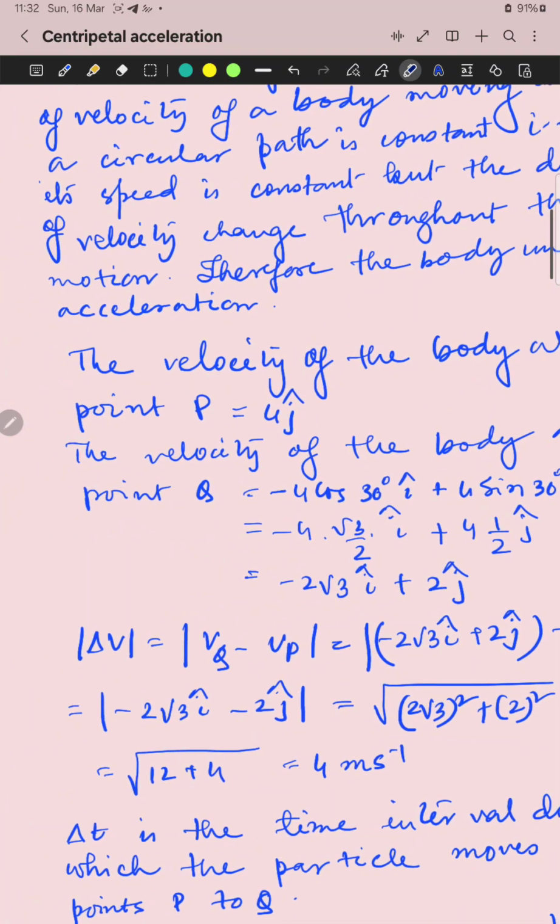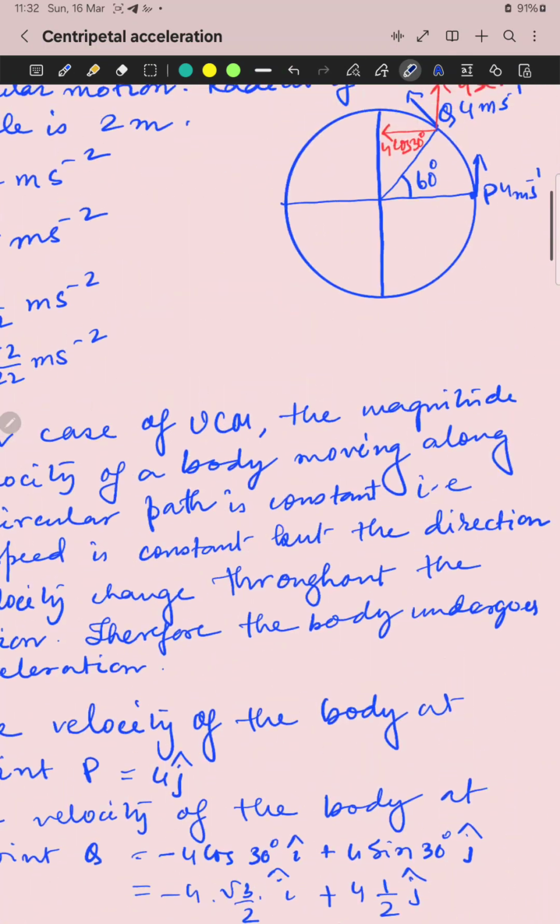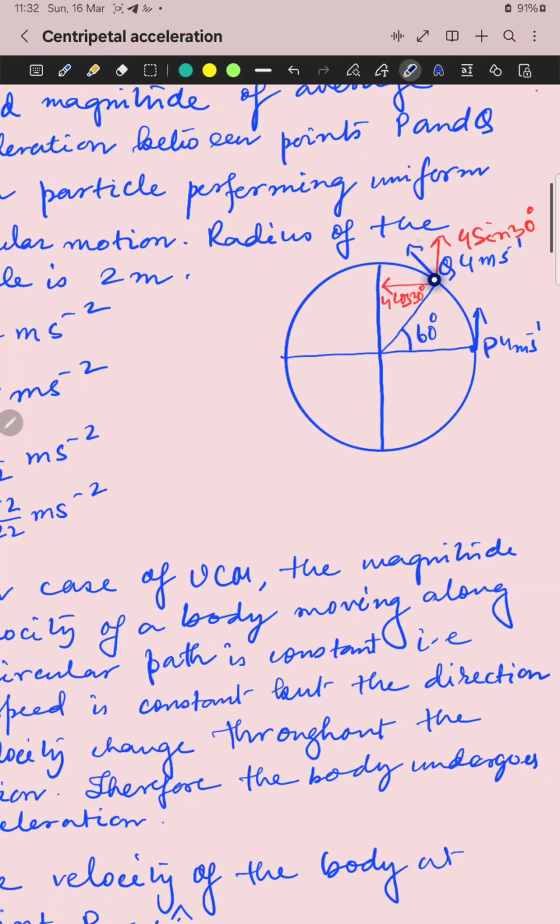The velocity of the body at the point Q, we can resolve. The net resultant velocity is directed in this direction, so it can be resolved into two perpendicular components, one along the negative side of the x-axis and one along the positive direction of the y-axis.